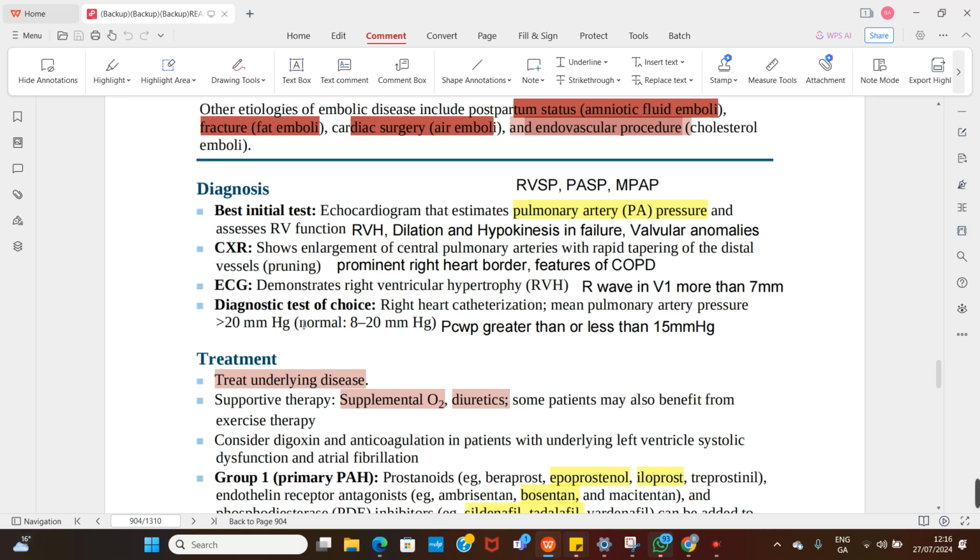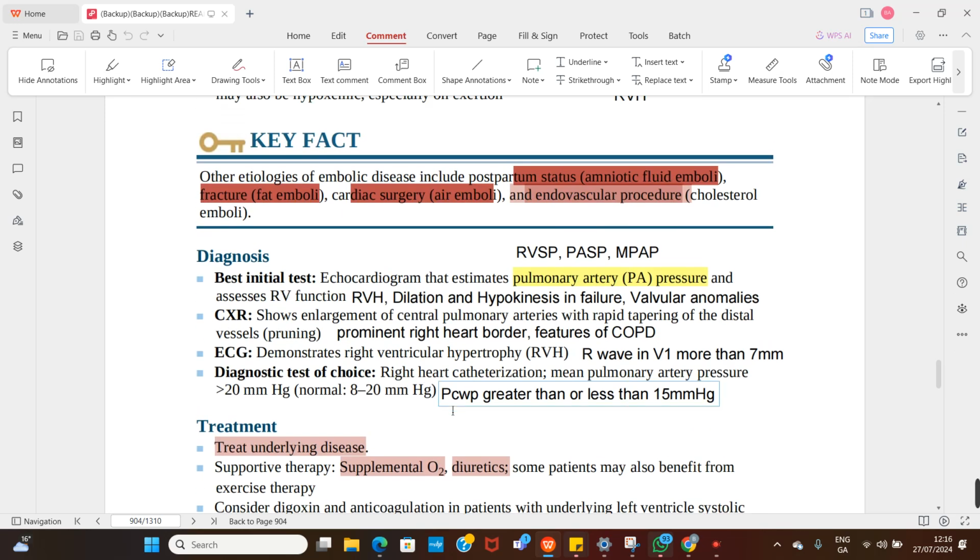Very, very important stuff. The best initial is your echo. All these ECG, X-ray, they are just adjunct. Your most accurate test to make your diagnosis is your right heart catheterization. So just put in your catheter, enter your pulmonary artery and read the pressure there. It's going to be more than 20.